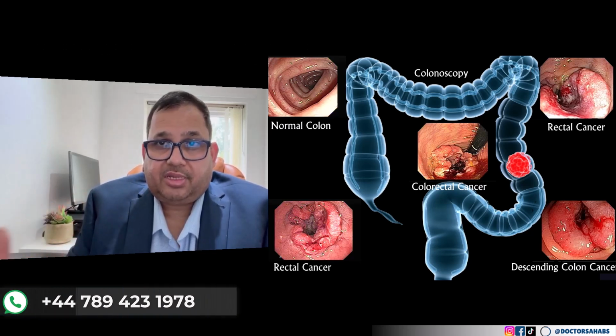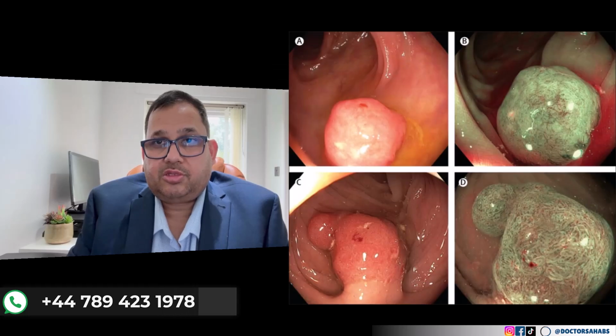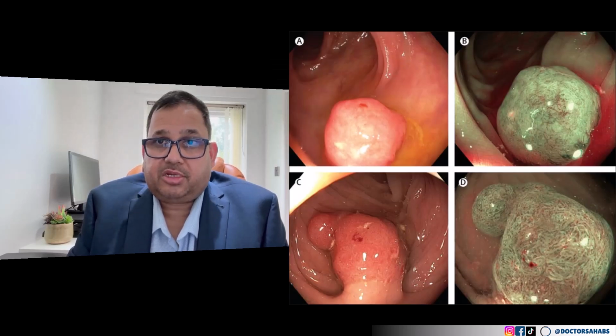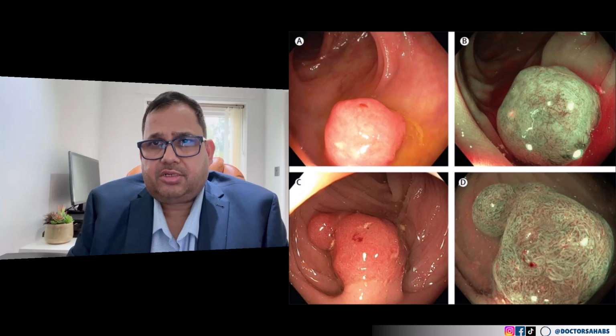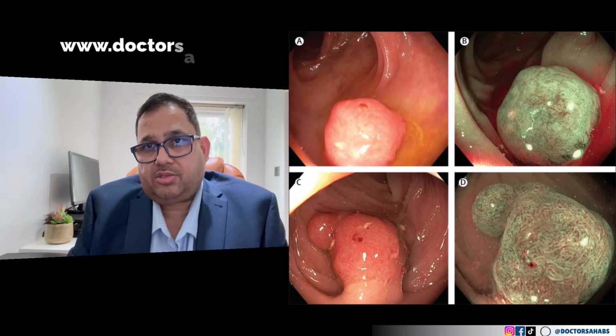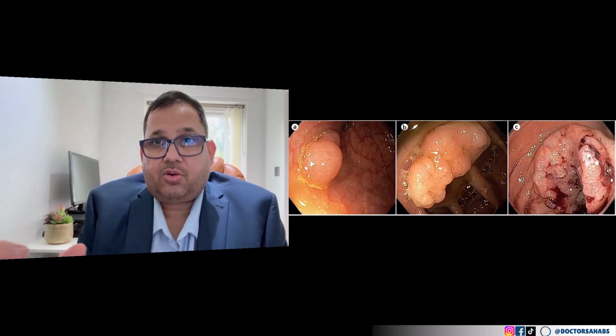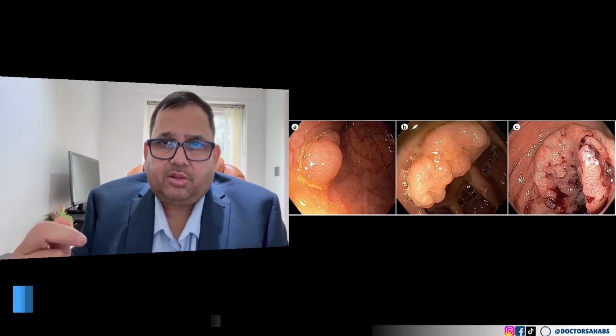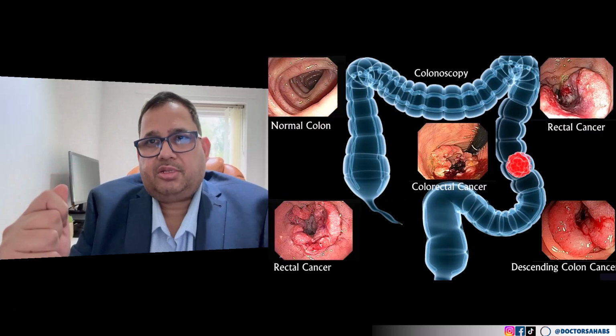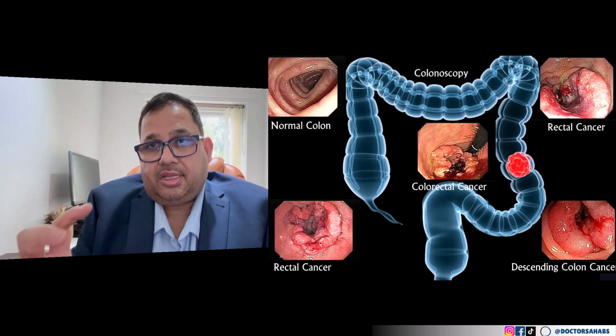For example, if there is any abnormal growth in your colon, which is called a polyp, or if there are any ulcers, if you're suffering from ulcerative colitis or Crohn disease, or if you have any proctitis, like inflammation of the bowel, they look around your bowel and take samples if an area is abnormal.